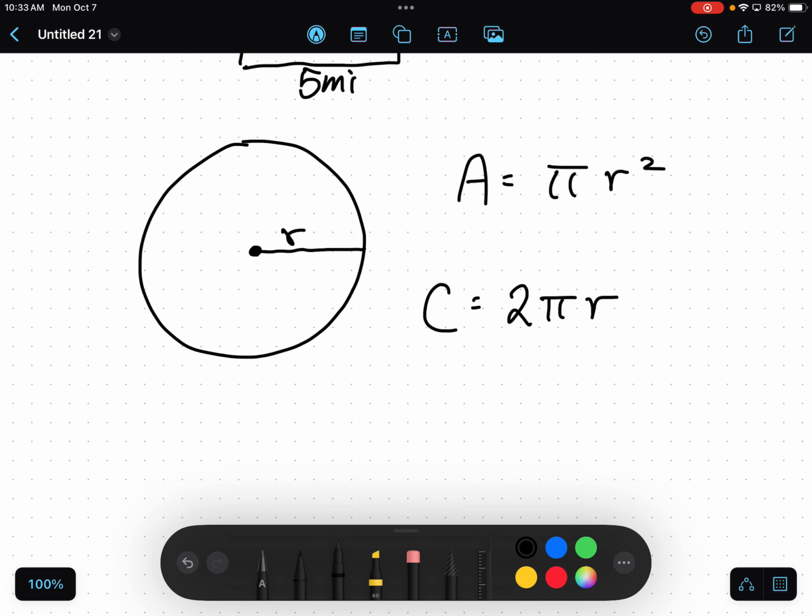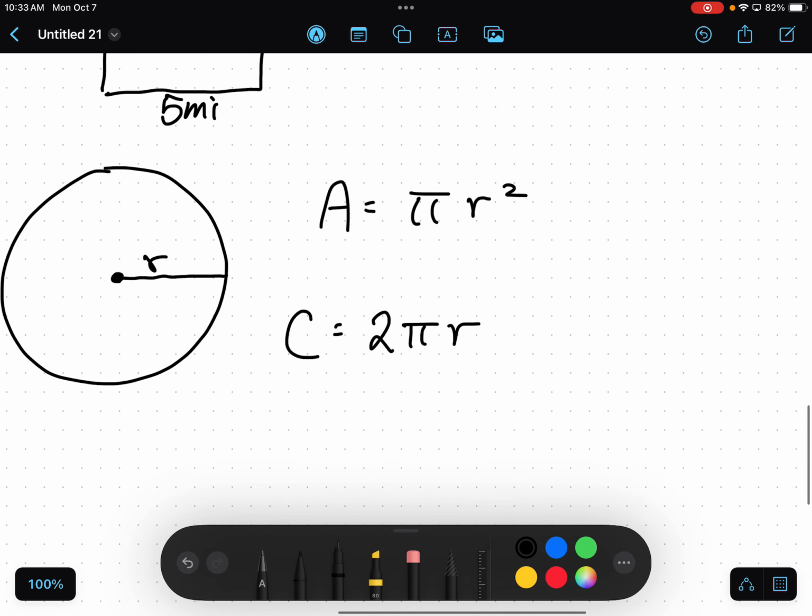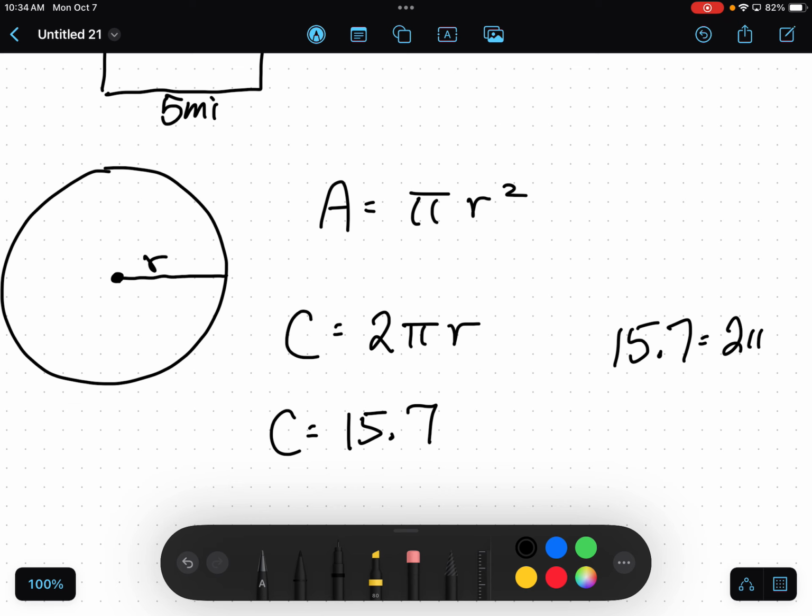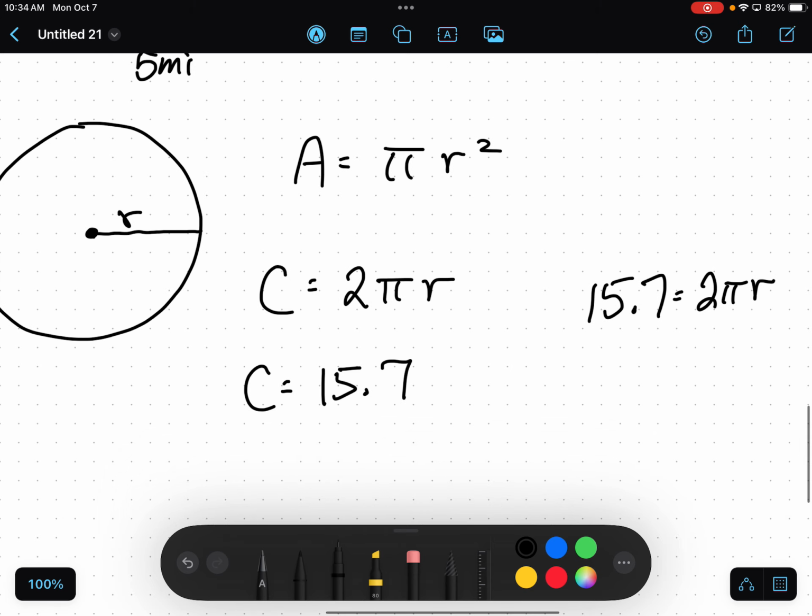Okay? So on that one, it might say that the circumference is 15.7. So how would I find the radius? So what I would do is I would put 15.7 in for C, 2 pi r, divide by 2 pi.